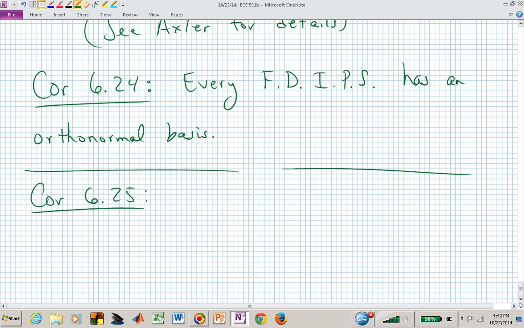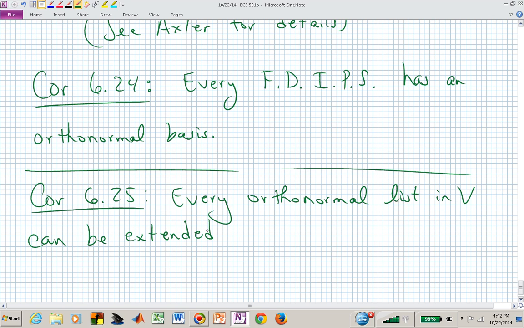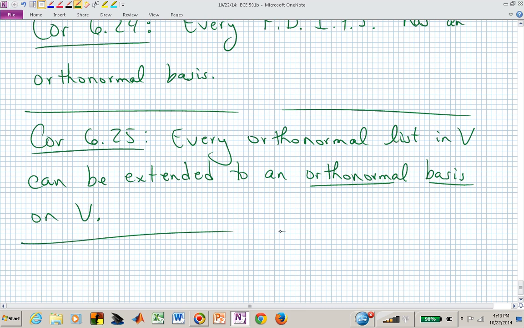Corollary 25. Every orthonormal list in a vector space V can be extended to an orthonormal basis on V. Is it clear what that is trying to say?